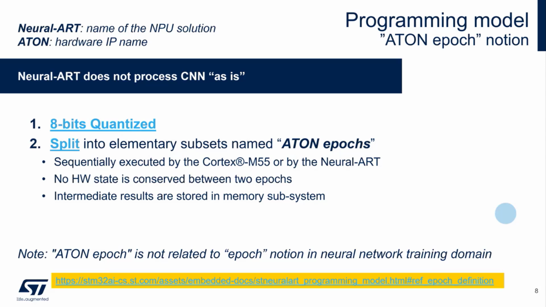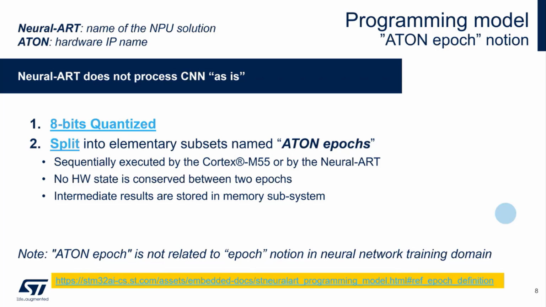There is no hardware state kept between two epochs' execution. A given epoch will configure the hardware, the neural art, execute, and then the neural art will process the next epoch, but without any information on what has been done before, except the output of the previous epoch.